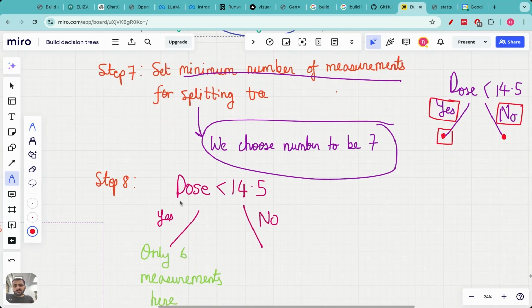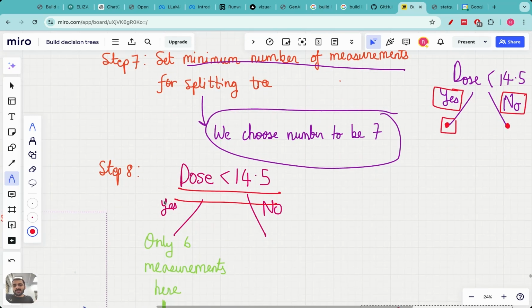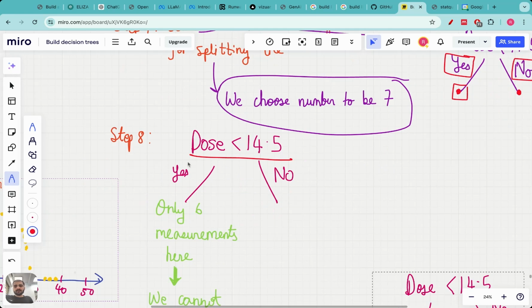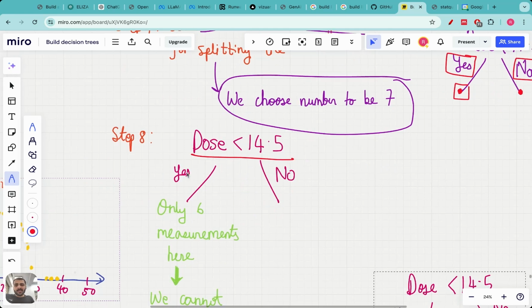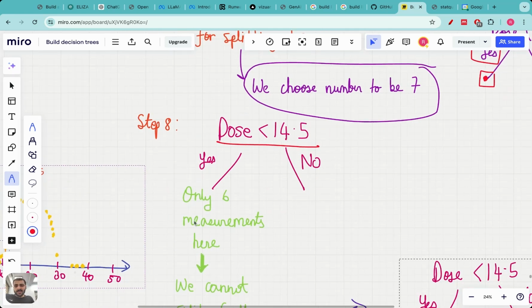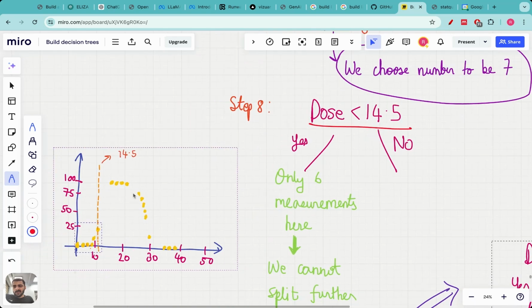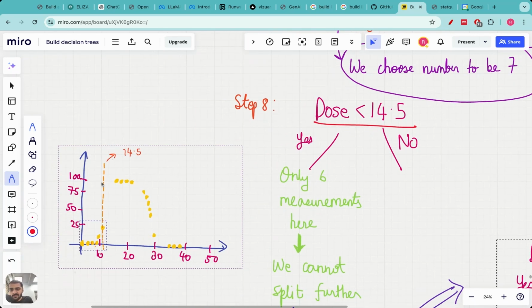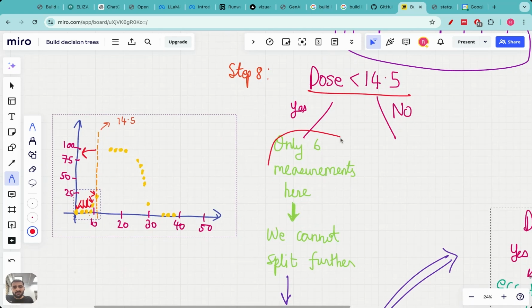So for dose less than 14.5, if you go on the yes side over here, what you will see is that there are only 6 measurements here, and we can actually confirm it from the graph. So this is 14.5, right? If you see on the left hand side, which is dose less than 14.5, there are only 6 measurements: 1, 2, 3, 4, 5 and 6. And that does not satisfy the criteria which we have.